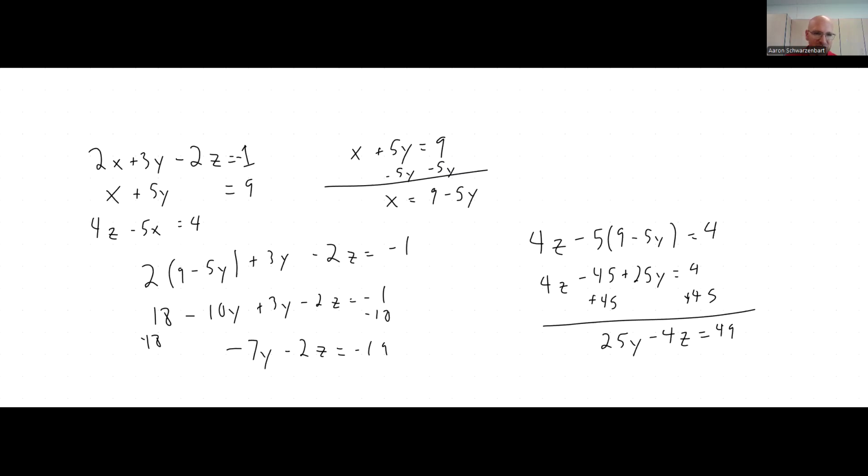On these two equations, I've got a minus 4z and a minus 2z, so I'm going to multiply that minus 2z by 2. Oh, I made a mistake when I changed my order.